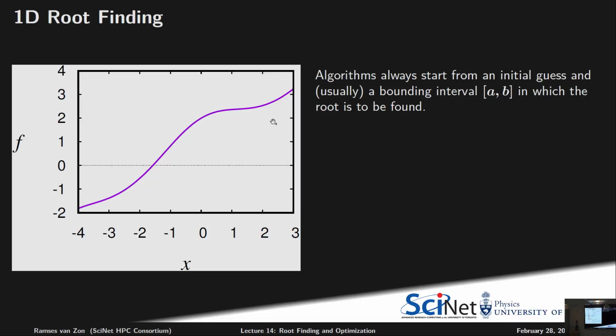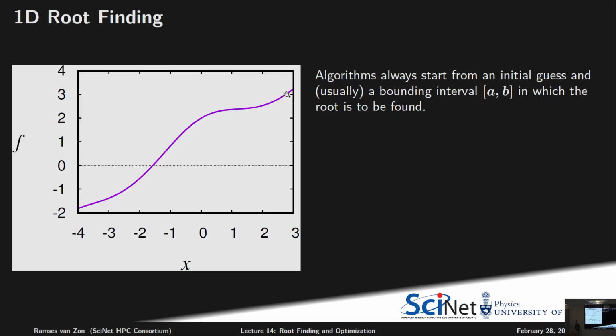But what I might be able to get with these 2 points is I could get lucky and evaluate a function at point A, let's say that's -4, and point B, let's say that's 3. And what I would notice is that the function is negative at -4 and positive at 3, which means that if I happen to know that this is a continuous function, there must be a root in between A and B. So the first thing to do, if you don't know anything about your function, if you want to have any hope of finding a root, is to bound that root.